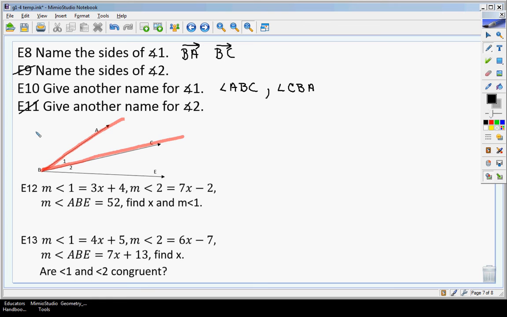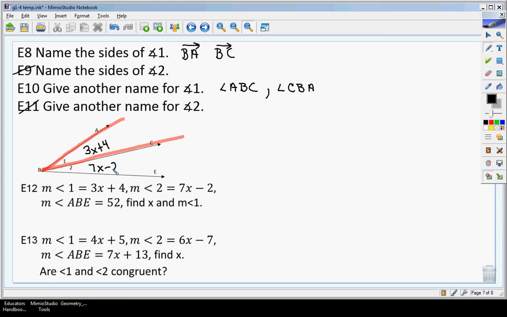Example 12 is like working with the segments. When they give you information about a picture, you need to put that information into the picture so you can see what to do. They said angle 1 was 3x plus 4. Write it into your picture. They said angle 2 was 7x minus 2.